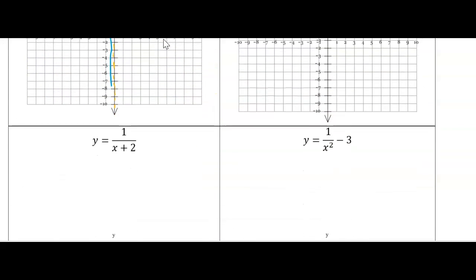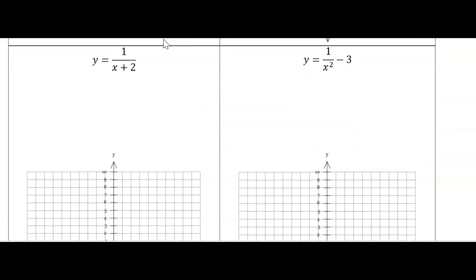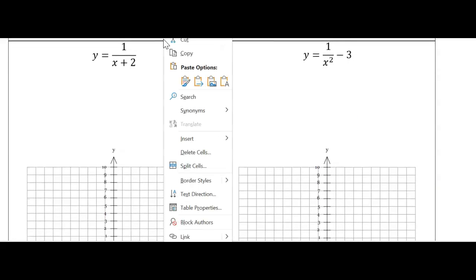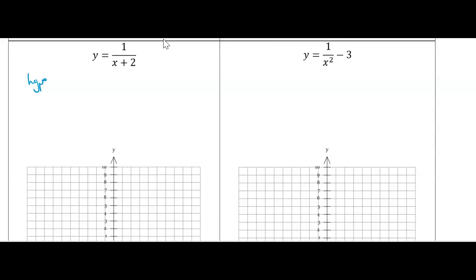All right, let's do this hyperbola down here. So 1 over x plus 2. This is a hyperbola again, and what has happened is it's shifted to the left 2.